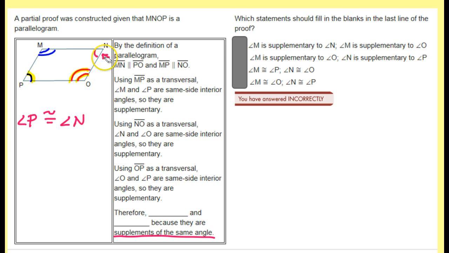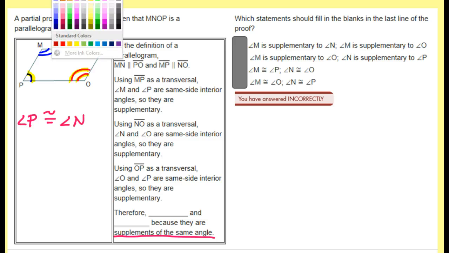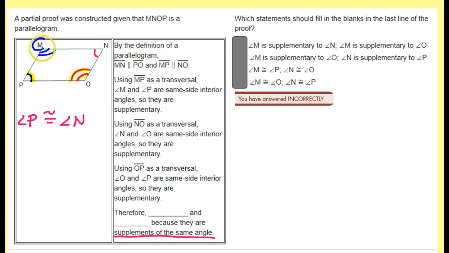In the same way, I could pick angle M and do the same analysis. Maybe I should pick a different angle this time, because that's going to give me the same thing. Say I picked angle P instead. Look at angle P. Angle O is a supplement, and angle M is also a supplement.